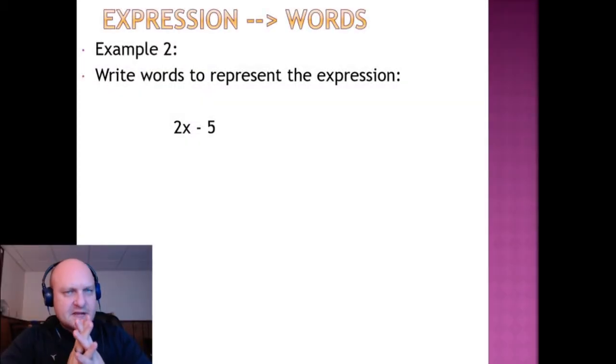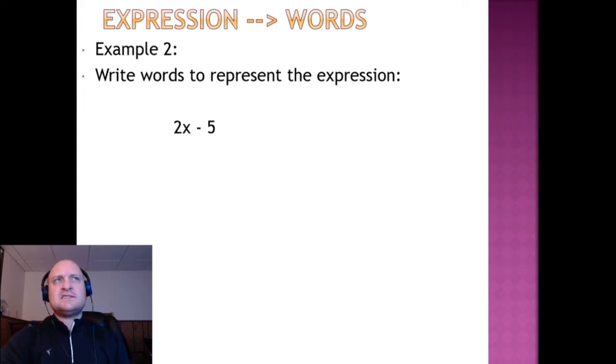Now, for our next example, we're being asked to write words to represent the expression. And to be fair, there are a lot of different ways we could represent this expression, going from the problem to a sentence. But I have a couple in mind that I want to emphasize.